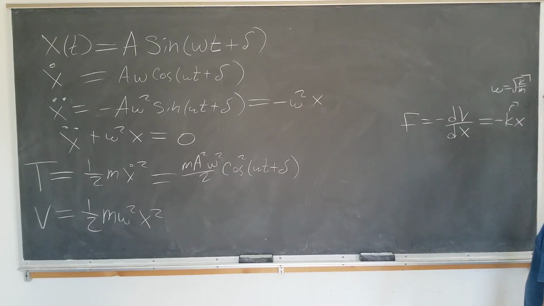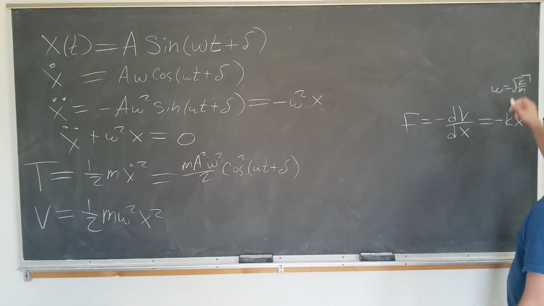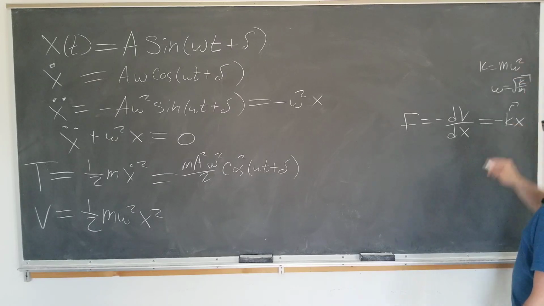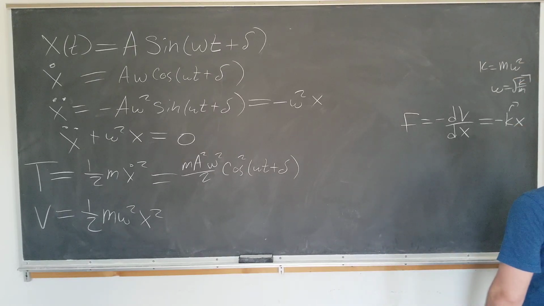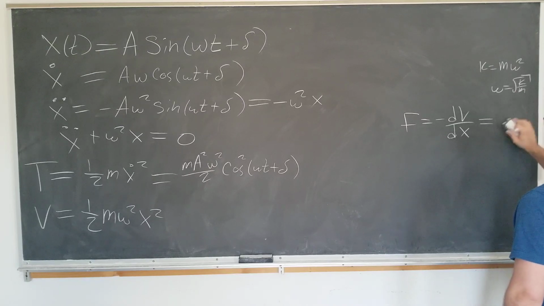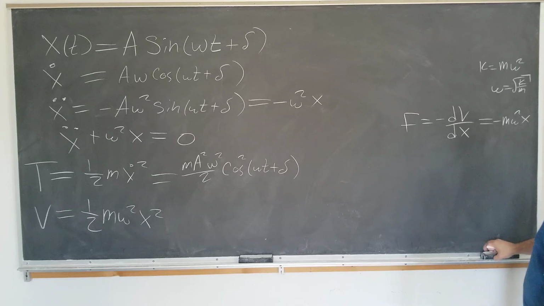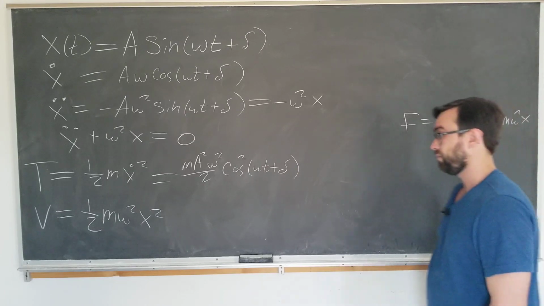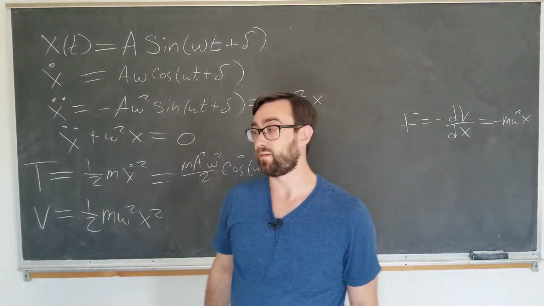And if we wanted to eliminate k, we would write this force as, let's see, m omega squared, so force would be minus m omega squared x. But nobody really remembers it in this form. Everybody remembers it with the k's, and then you can get rid of them later if you want.